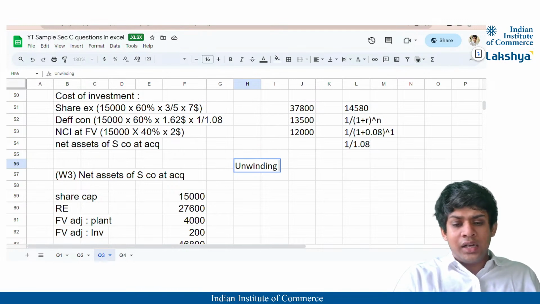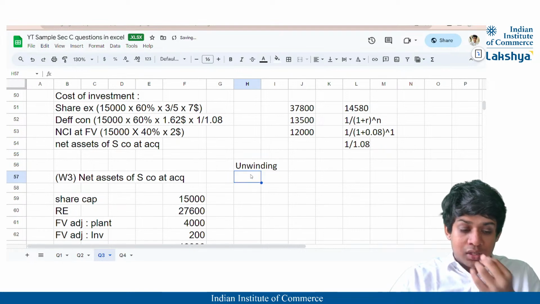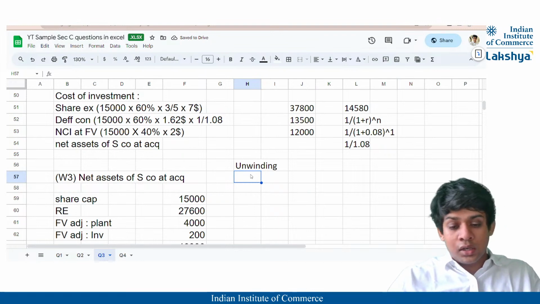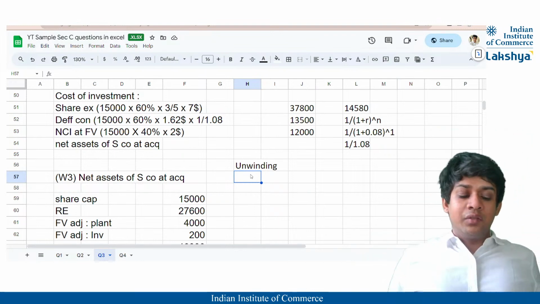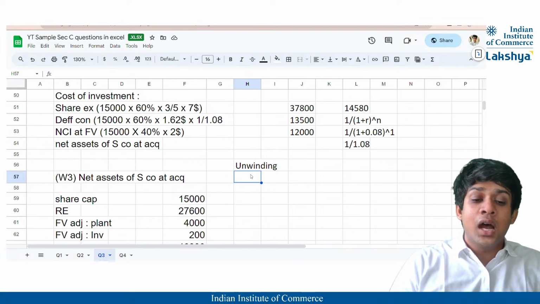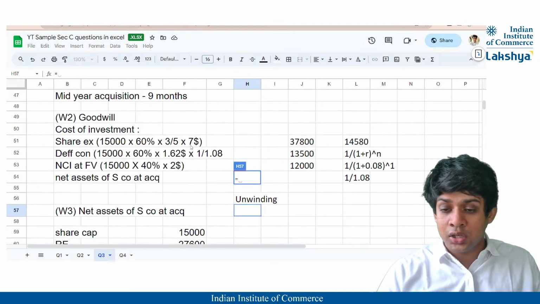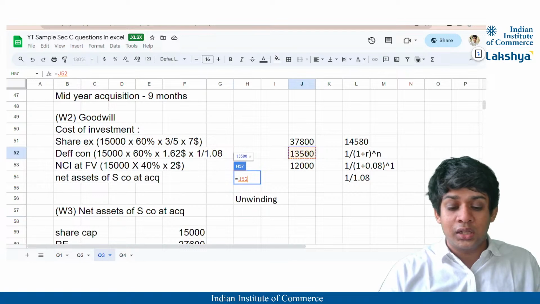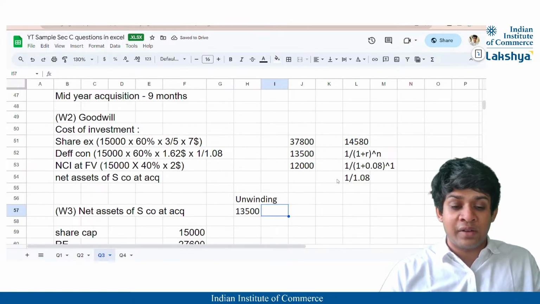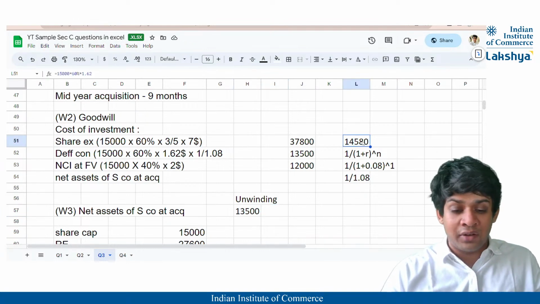For our unwinding, it is very simple. We just have to calculate how we are supposed to charge the finance cost. As you remember, we did the unwinding yesterday when we were doing the consolidated statement of financial position. The present value of this deferred consideration is 13,500, but the amount that is supposed to be paid is 14,580.